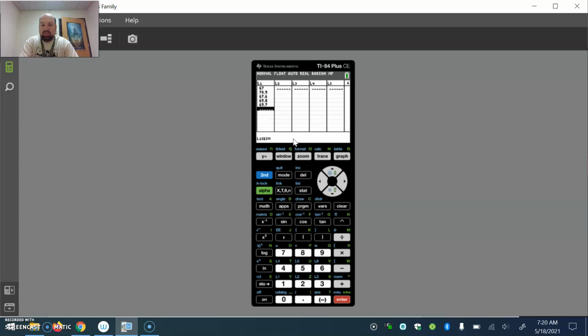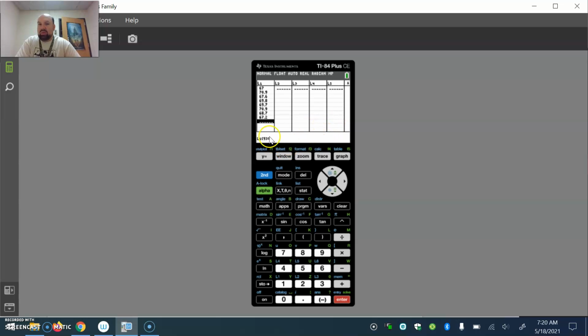Notice after each one I'm hitting enter. 70.9, thank goodness there's only 8 of these. 60.7, enter, and 67.2, enter. Okay, so now I have all the data in there.